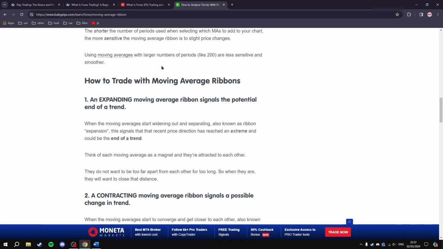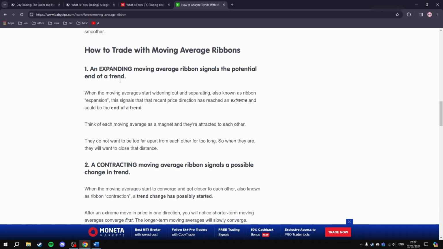Using moving averages of a large number of periods like 200 are less sensitive and smoother.